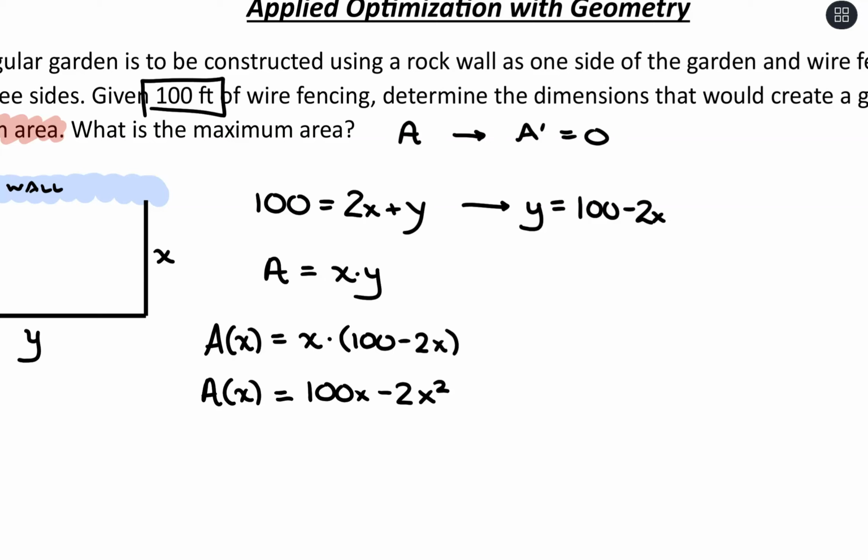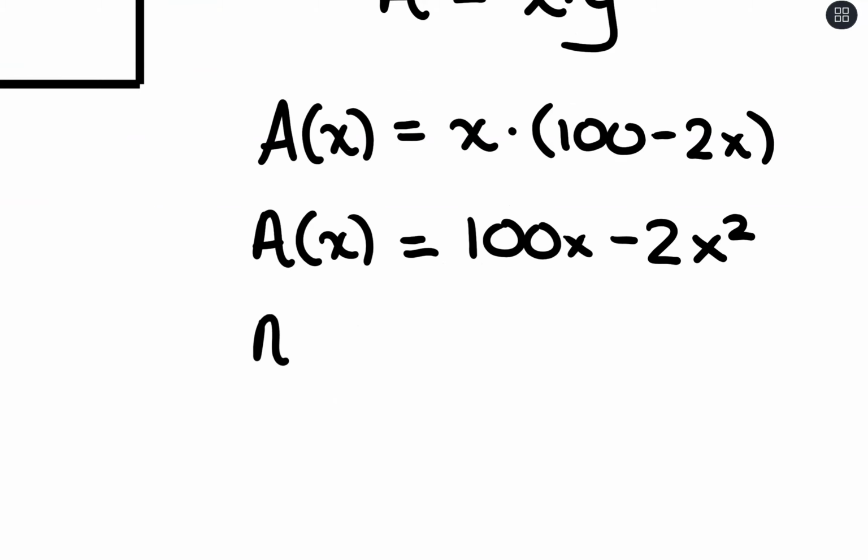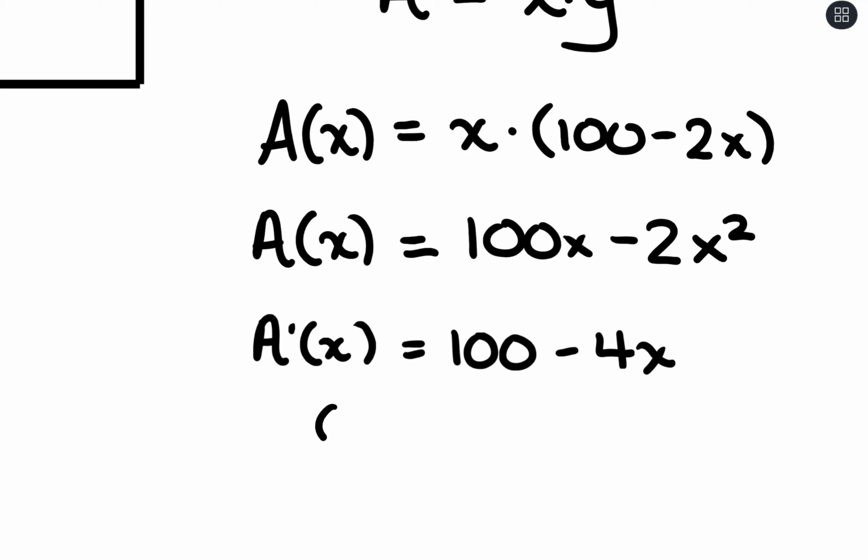So now what we want to do is maximize this area. So we're going to take the derivative, which is 100 minus 4x, and we want to solve for where that is equal to 0, because that should be finding our critical points that would be making a maximum or minimum. Based on the construction of this, it's going to automatically find a maximum for us.